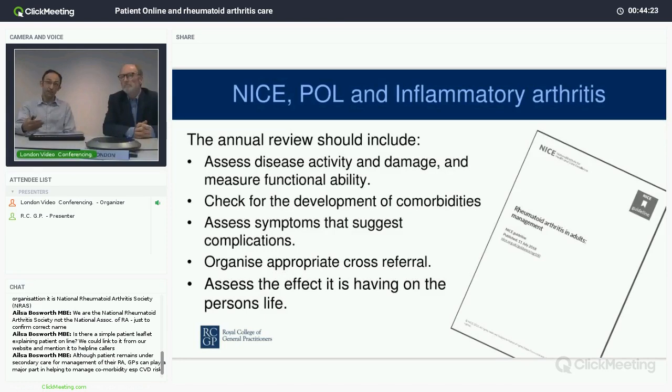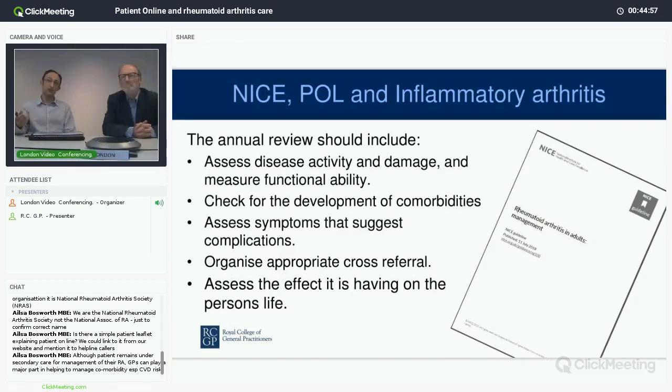It also includes checking for development of co-morbidities, other conditions that may be affecting their care. We talked a little bit about the patient developing dyslipidemias and other problems, not necessarily because of their rheumatoid, but in general they're more likely to have other medical problems. It gives the patient an opportunity to look at their record and become more engaged with the annual review process itself.